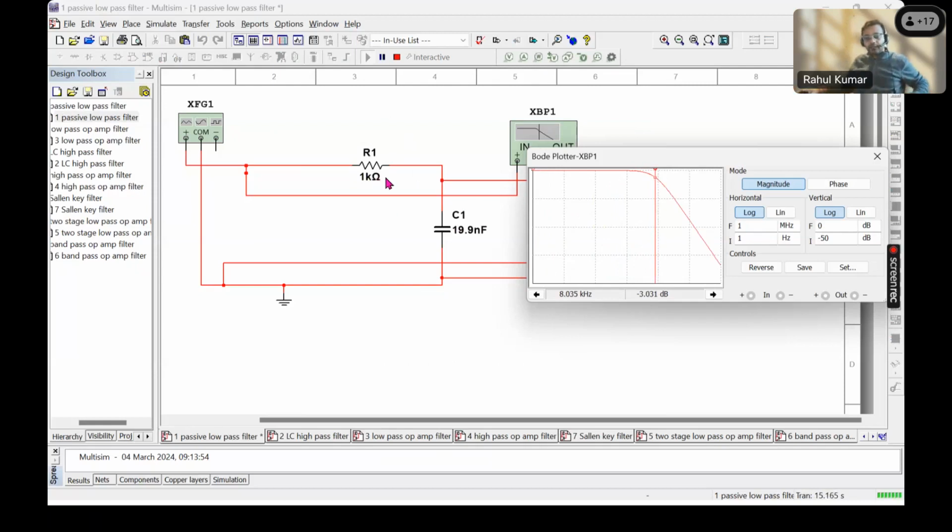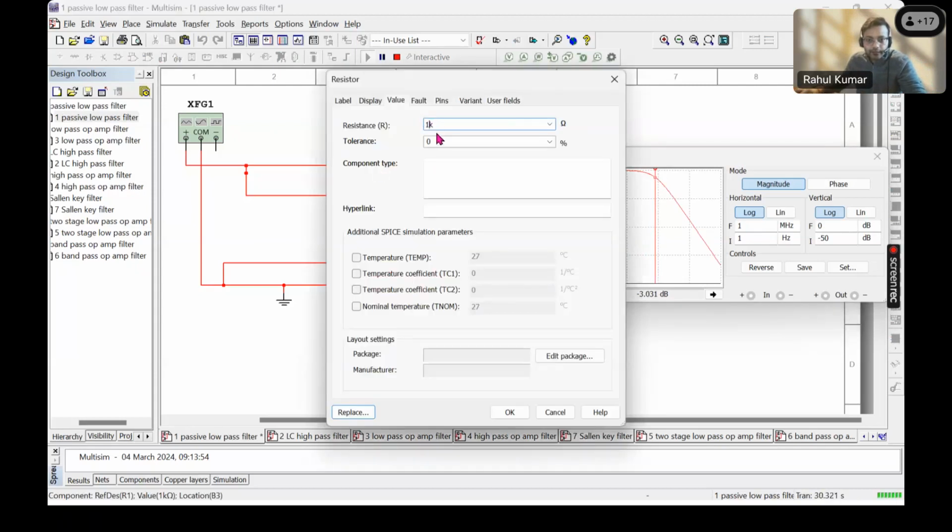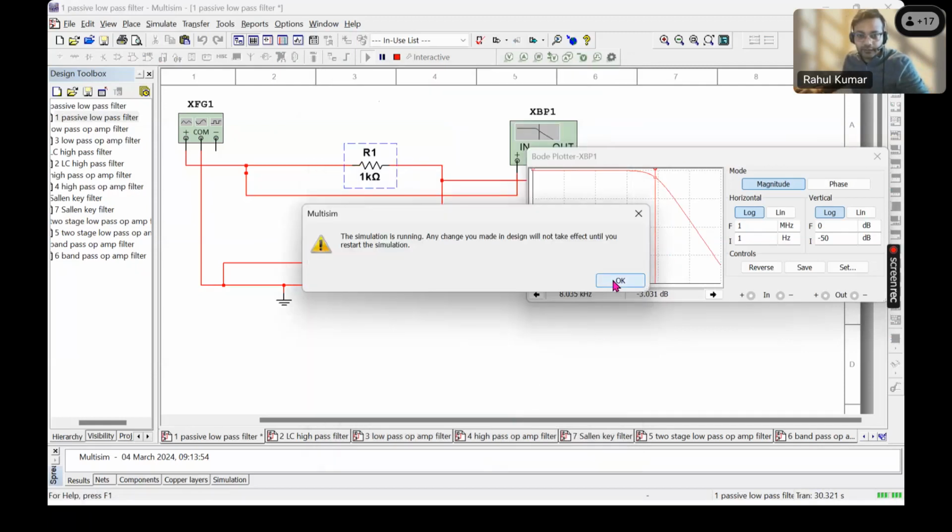And if we double the resistance, the cutoff frequency reduced by half. So from 8 kilohertz, it was reduced to 4 kilohertz.